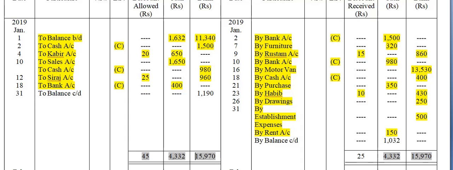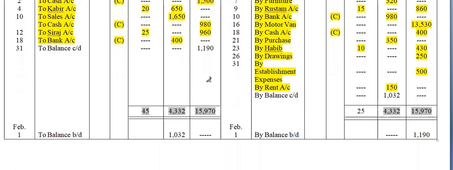Now what you do next is write the opening entries. So this CD should be brought down. If CD is lying towards the debit side, it will go towards the credit side as balance BD, and if CD is lying towards the credit side, it will go towards the debit side as balance BD. So this 1032 is lying towards the credit side as balance CD.